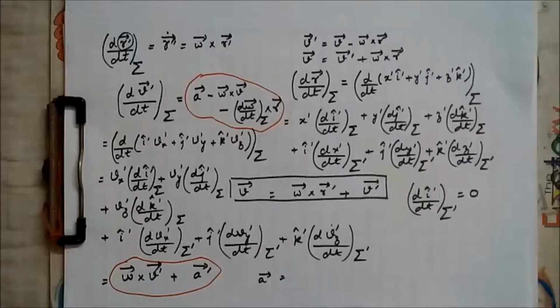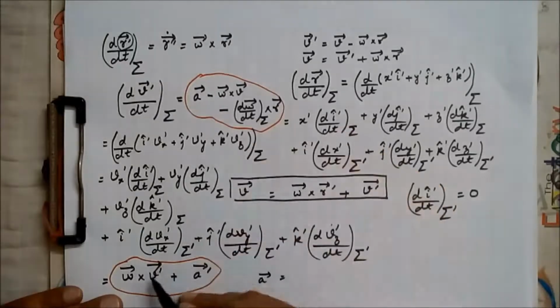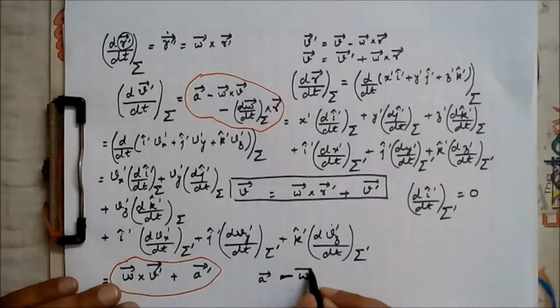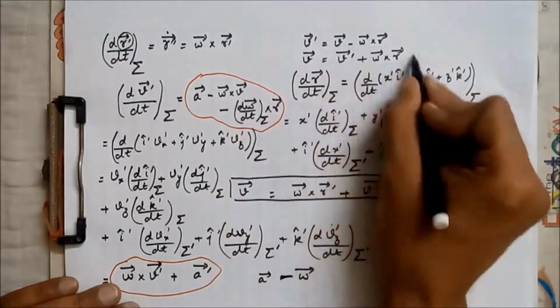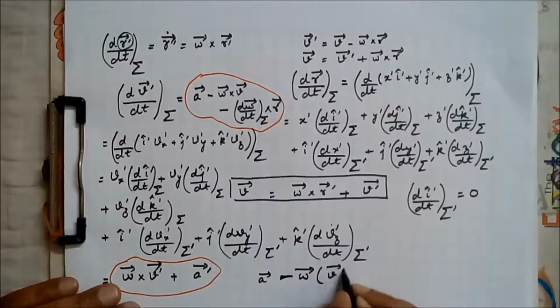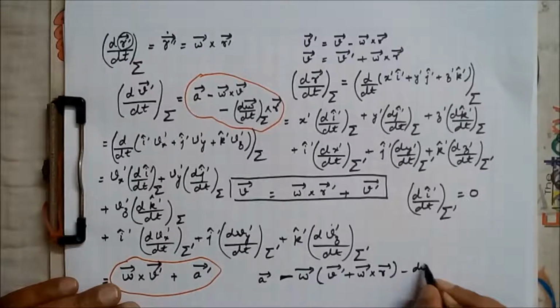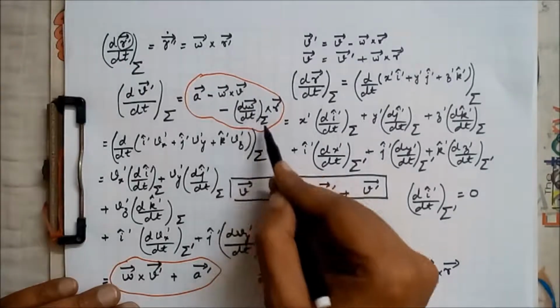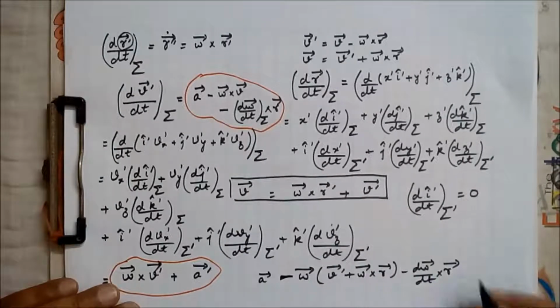If I equate them, we have this equals to this, and therefore we can write A vector minus omega cross V. In place of V, let me substitute V prime plus omega cross R, minus d omega by dt as seen from sigma, or we can just leave it as d omega by dt, because it doesn't matter from which frame I differentiate omega. This will be equal to omega cross V prime plus A vector.